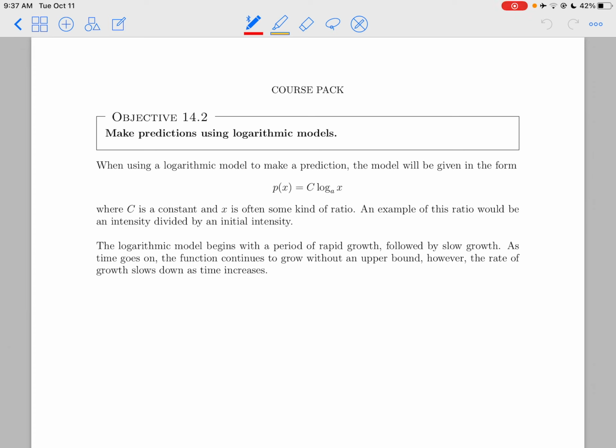Then what we're going to look at is this particular example here. I've got a function here, and it's used to determine the magnitude of an earthquake when compared to the value I0. That is the baseline measurement of the movement of the Earth's crust. So I0 is just how much movement you get on a day-to-day basis of the Earth's crust.